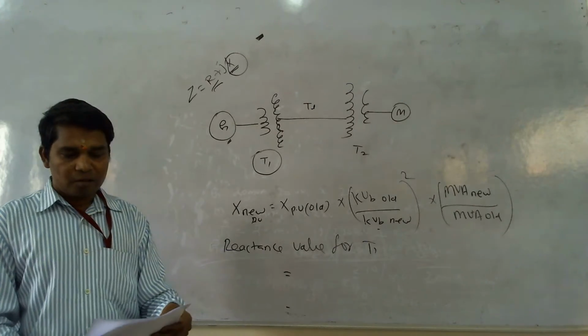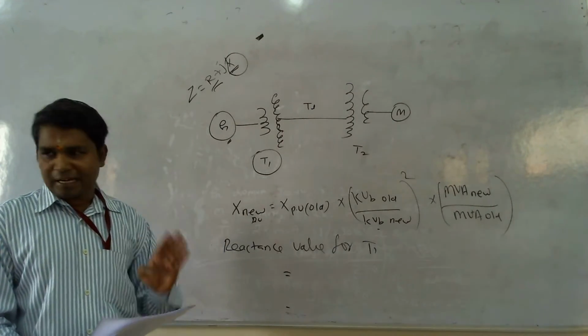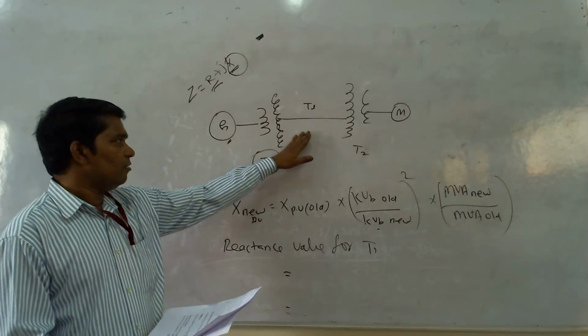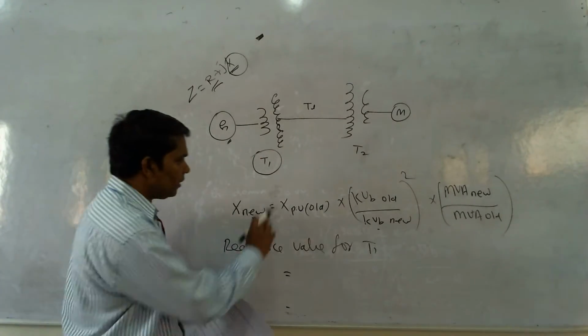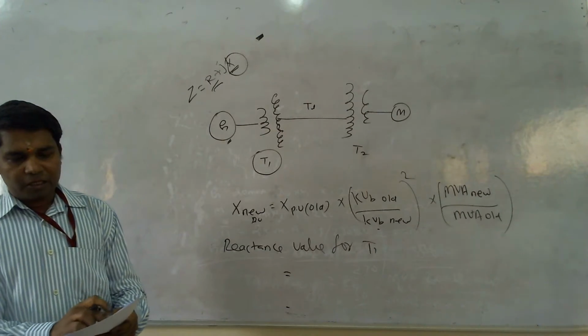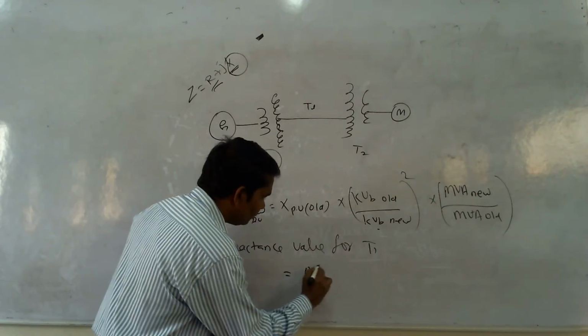For transformer 1 we are given 18 on the primary side and 230 on the secondary side. We have the base value on the secondary side, which is connected to the transmission line, so that can be easily used. The old reactance value for transformer 1 is given as 10%, which means 0.1.